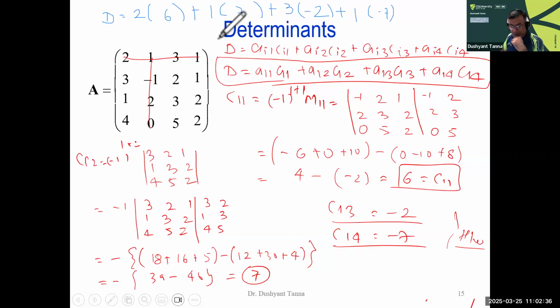Plus 7 minus 7 gone. 12 minus 6 is 6. So that is your determinant, 6. Good. So this is how you obtain a 4 by 4 determinant.